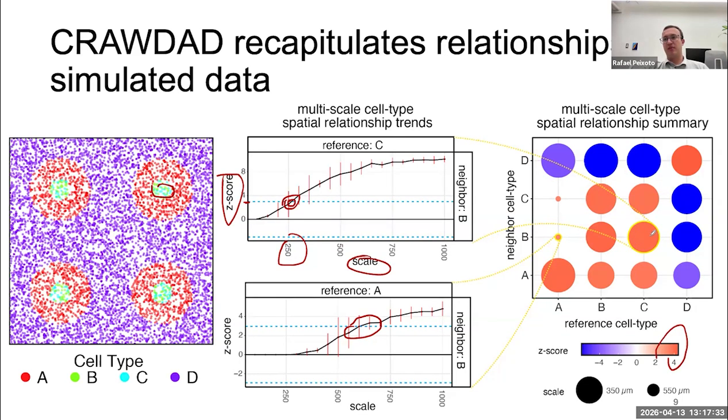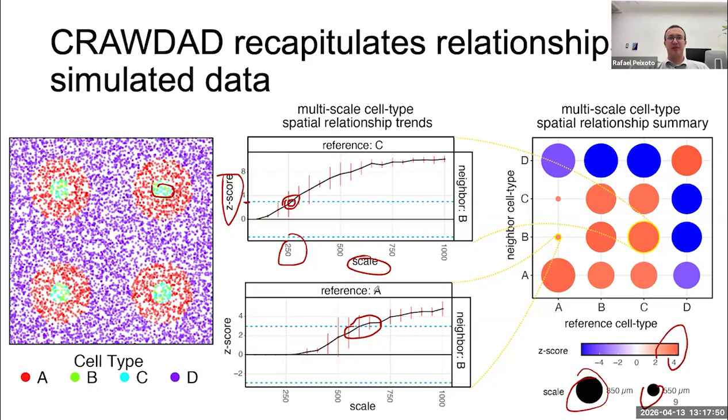And the size of the dot represents the scale in which this relationship happens. And we are trying to focus more on relationships that happen at a finer scale. So bigger dots will represent finer scales, smaller dots will represent greater scales.